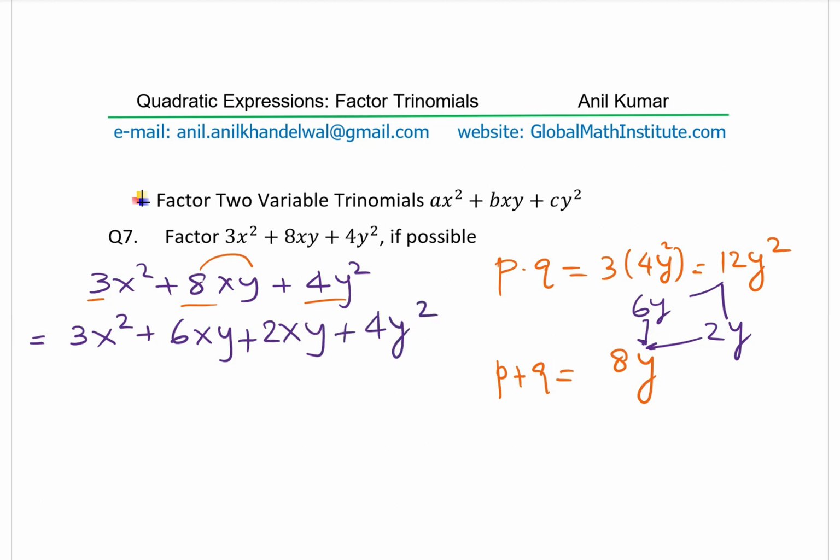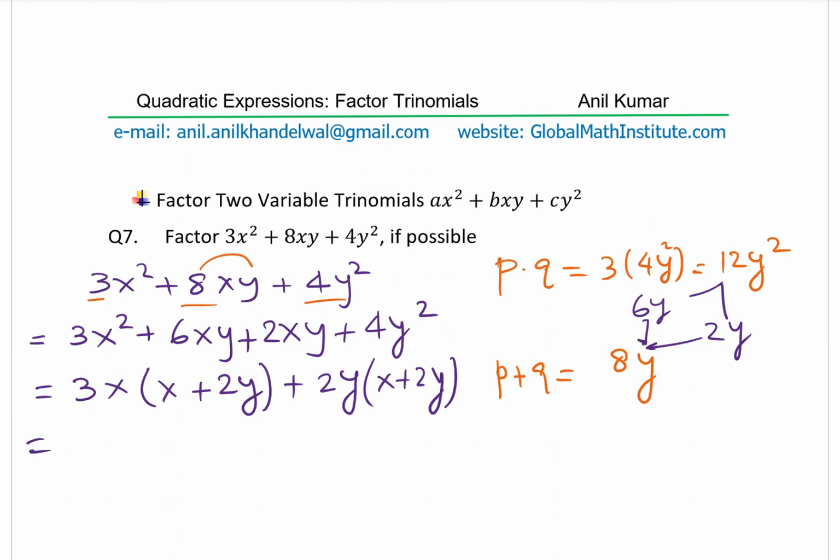Now the technique is exactly what we learned before. We can factor from the first two terms 3x, which will give us x plus 2y. In the next two terms, we can factor 2y, and that gives us x plus 2y. Perfect. Now x plus 2y is a common factor.